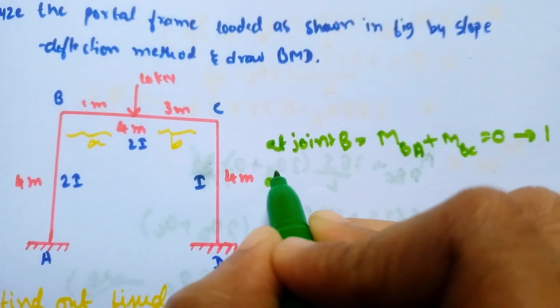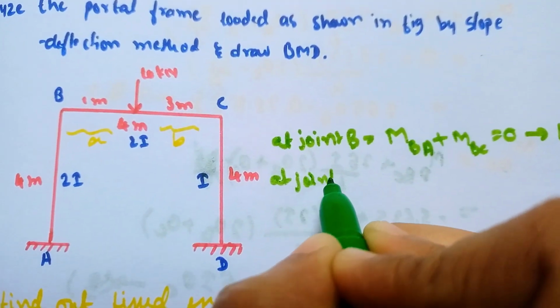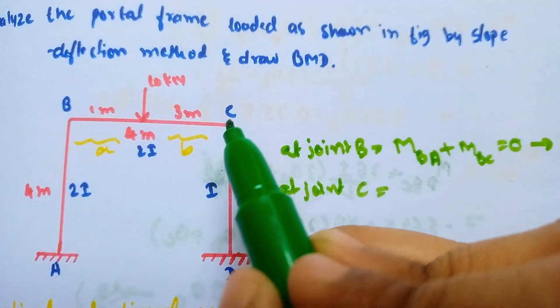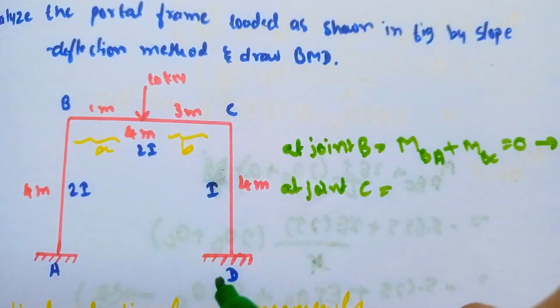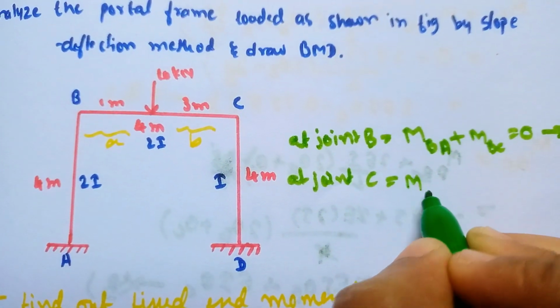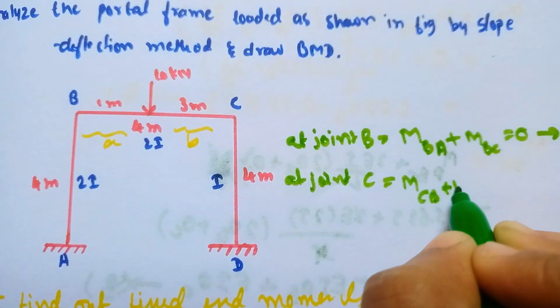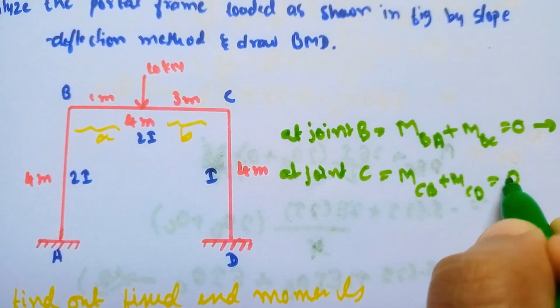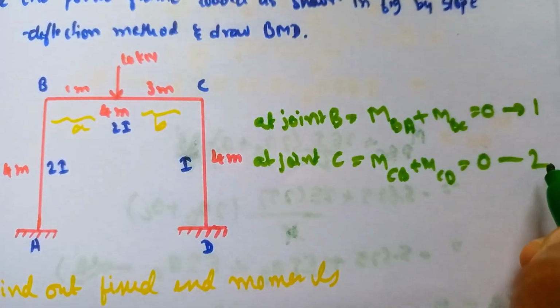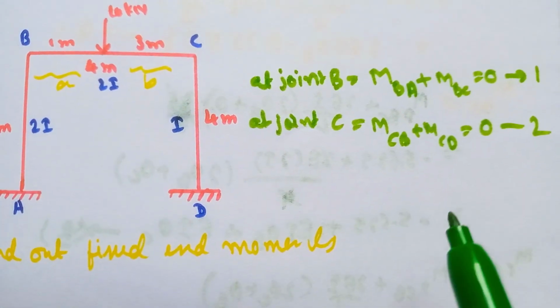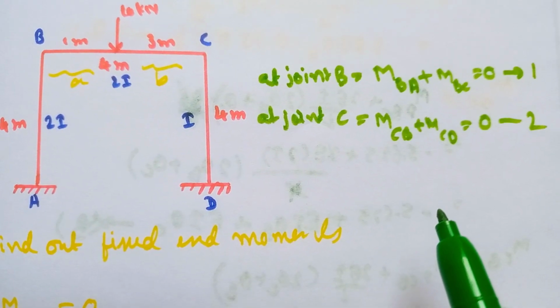Similarly for joint C, we have the equilibrium condition MCB plus MCD is equal to 0. Call it condition number 2. First we will solve these two, and later I will tell one more condition is there, after solving.